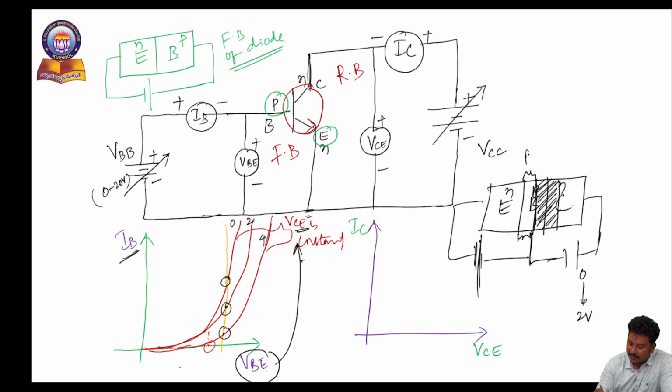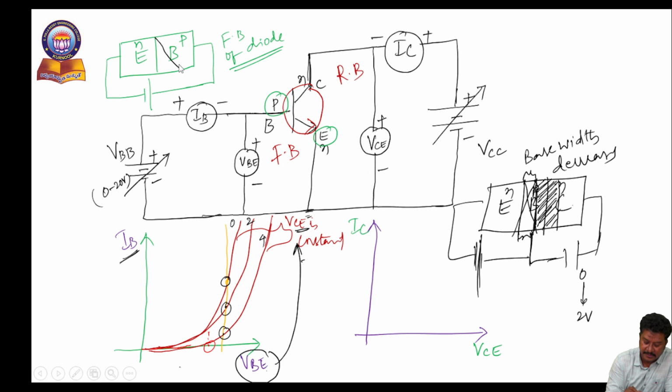This is the base width. As base width decreases, the potential gradient across emitter and base changes. Initially, before the base width decreased, the potential gradient will be like this, whereas after the base width decreases, the potential gradient will be like this.